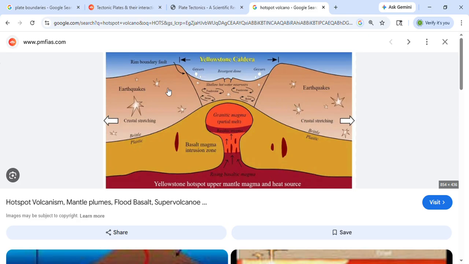These plates are moving, and the hotspot is in a stationary state, creating a chain of volcanoes. For example, like moving a piece of paper over a fixed candle, creating a line of scorched spots.